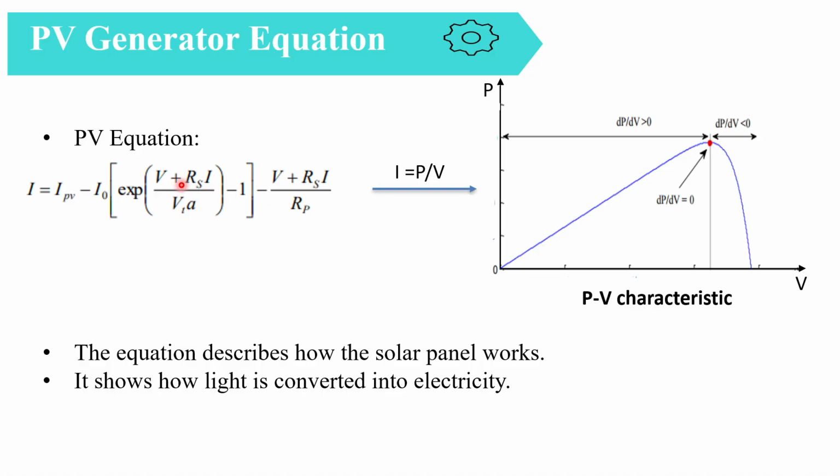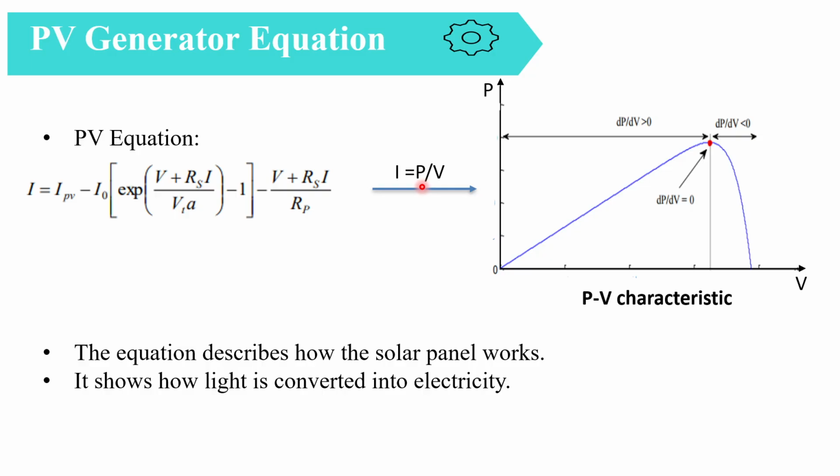We have the PV equation like this, and almost all of them are parameters, but only two variables: voltage V and current I. Then if we use the formula I equals P over V, we will have an equation which is the relationship between power and voltage.